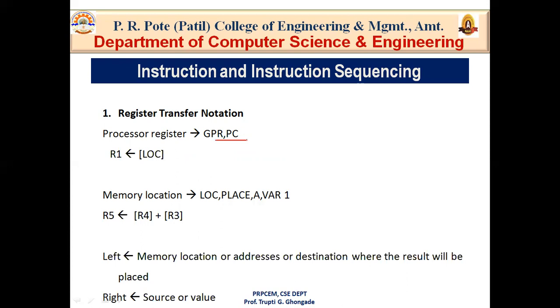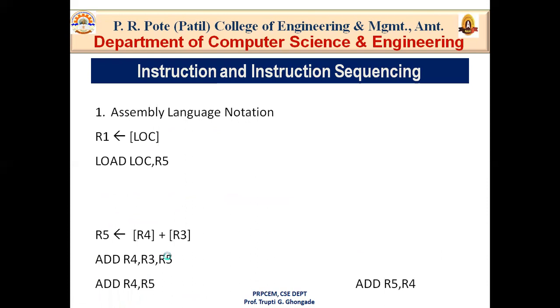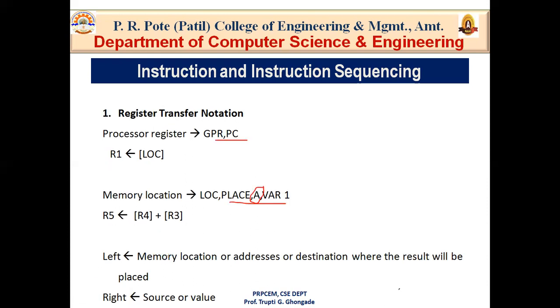To denote the memory locations, we have to write like this: LOC, that is location, place, A, which stands for accumulator, and variable 1, like this. Okay, and to denote IO subsystem, that is IO transfer, we are using registers like data in, data out, and in status, like this.